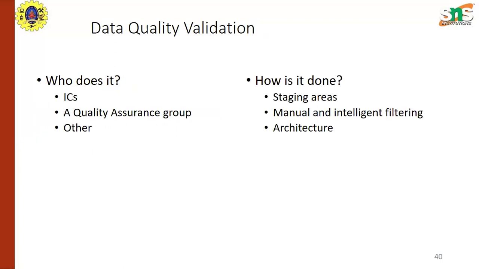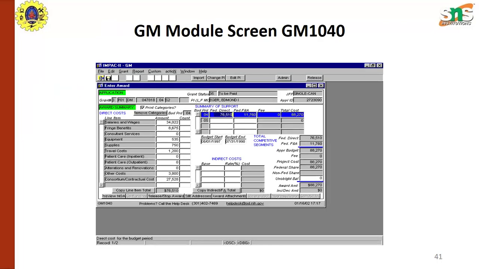The data quality validation is done by the ICs and a quality assurance group, using staging areas, manual and intelligent filtering architectures. This is the GM module screen.